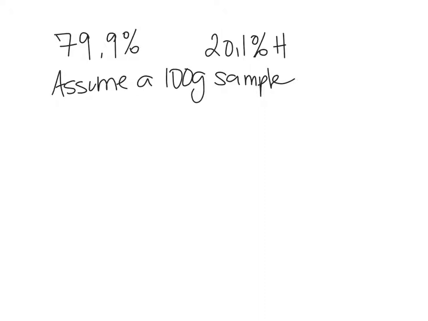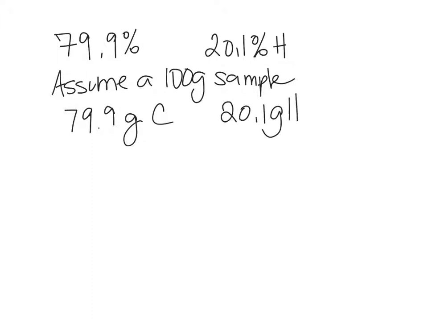We have to give an explanation why we're changing the units. So if we assume a 100-gram sample, that means we have 79.9 grams of carbon. And we have 20.1 grams of hydrogen.